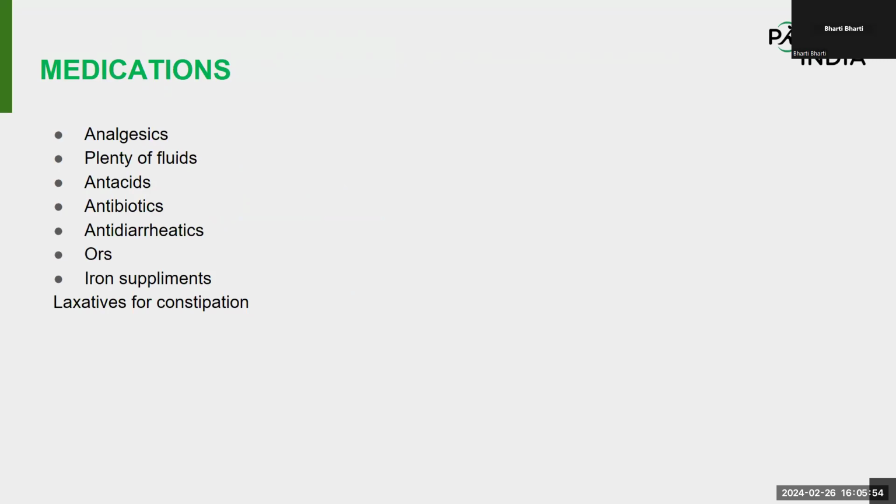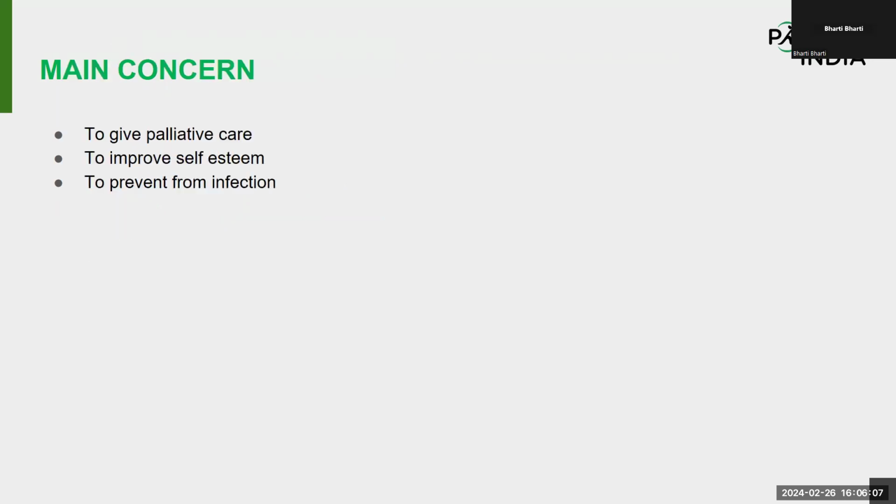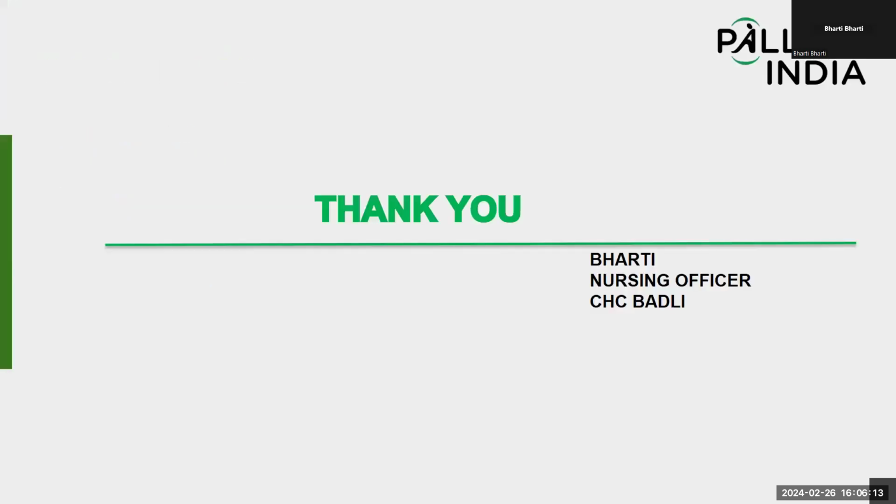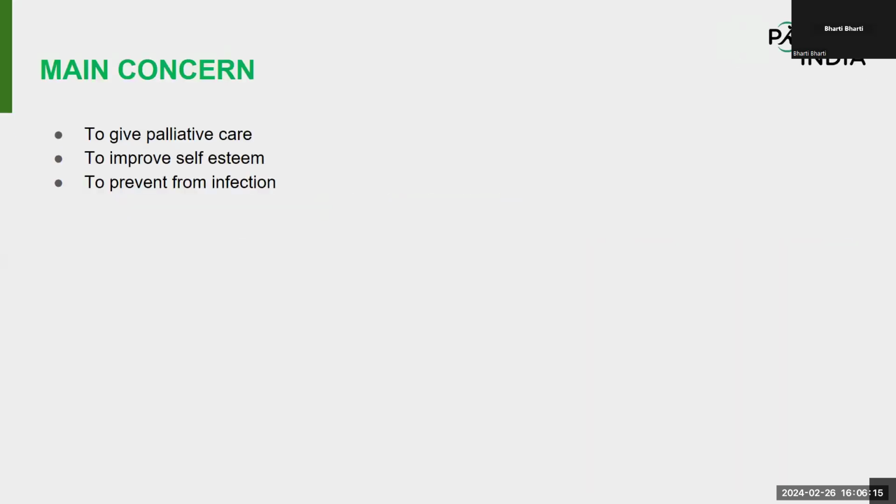Medications: analgesic if pain is present, plenty of fluids, antacids if acidity is present, antibiotics, antidiarrheals, ORS solution, iron supplements, laxative for constipation if present. Main concern is to give palliative care to improve the self-esteem, to prevent infection, and also to prevent diarrhea and constipation.